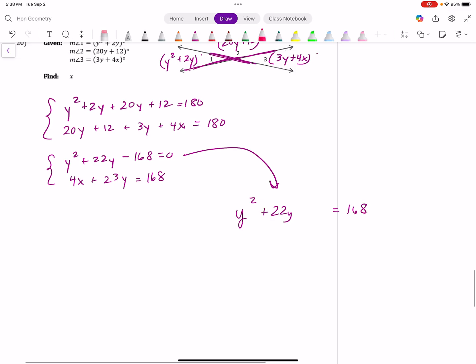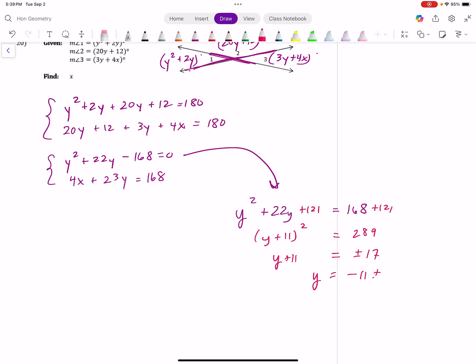Because half of 22 is 11, square that's 121. I can just add 121 to both sides. So, let's see. This is y plus 11 all squared equals 289. So that y plus 11 has to either be positive or negative 17.